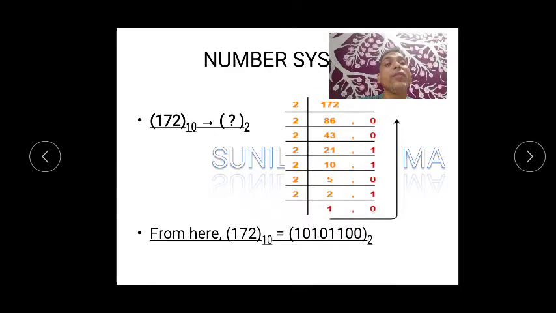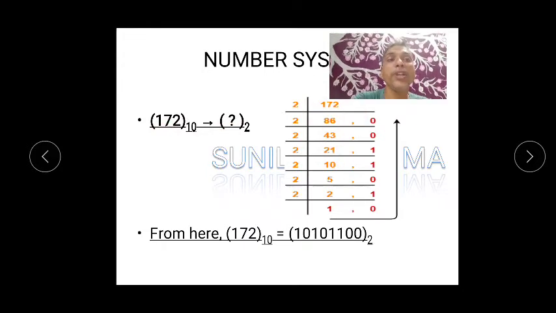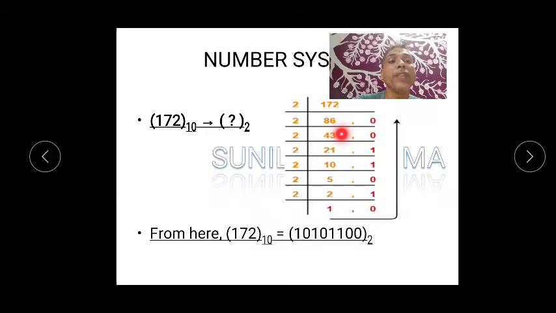Okay, now can you see I have taken 172. Remember that in your exam also you will be getting questions like conversion from one form to another form. So 172 divided by 2, so 2 into 86, that will be 172.